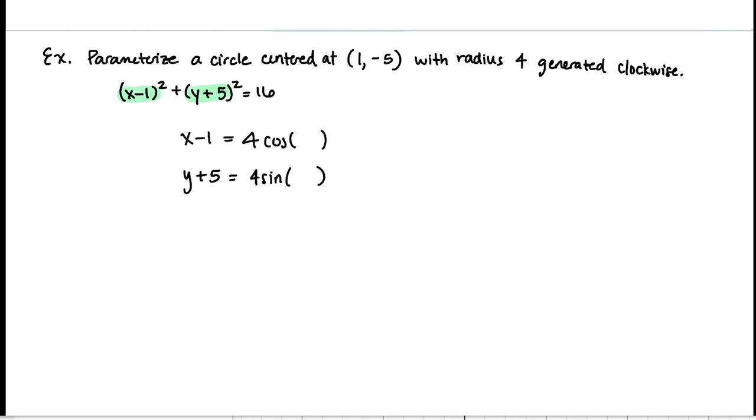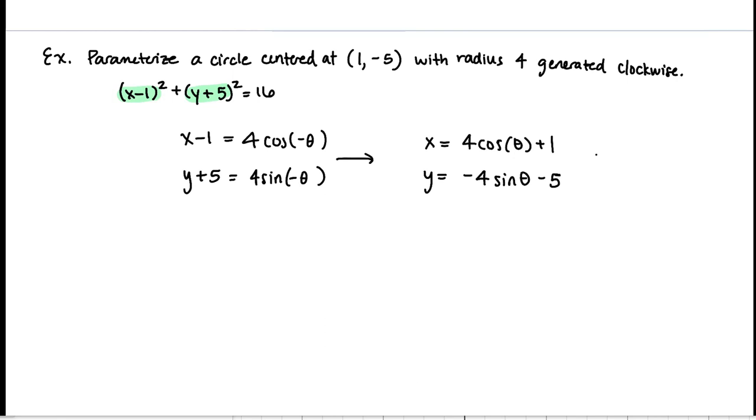Because it's generated clockwise, that's backwards, so that is the negative theta one. So we could do negative theta there and there. And you can leave that as is, or you could clean that up with simplifying. This is going to be equal to 4 cosine of theta plus 1. And this one's going to be negative 4 sine theta minus 5.